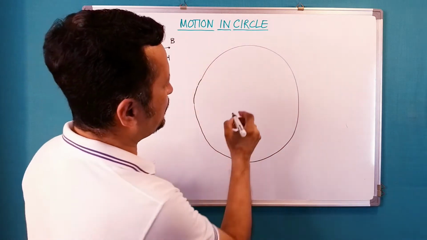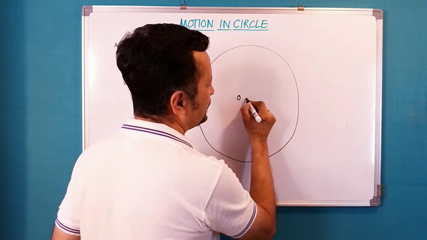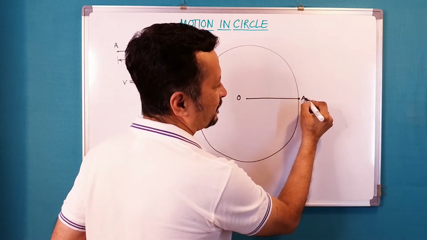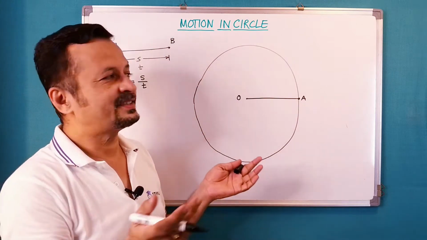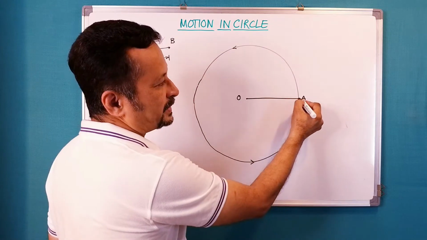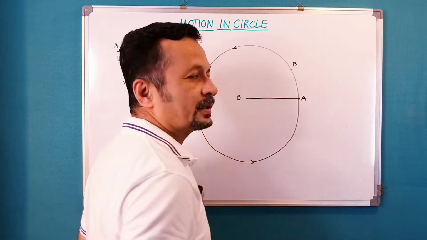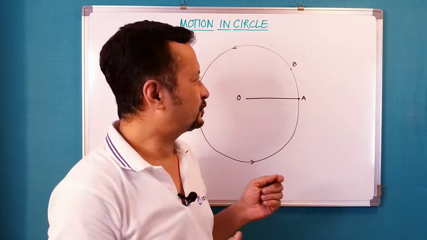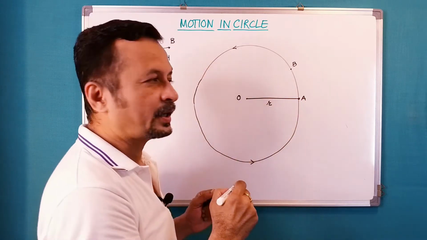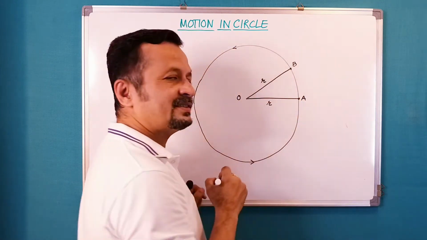It looks like a circle, I believe. This is the center of the circle and this is my radius. The initial position is A. Since this is circular motion happening in this direction, my particle at A would move to point B. The distance of my particle from O, initially it was r, and now also it is r. At point B, the distance is r.